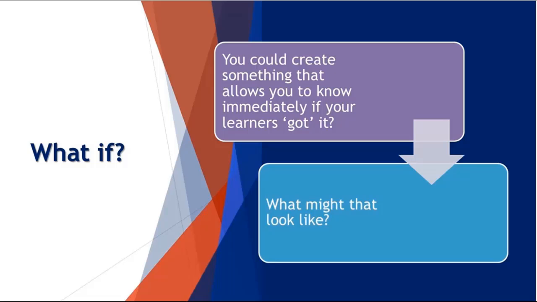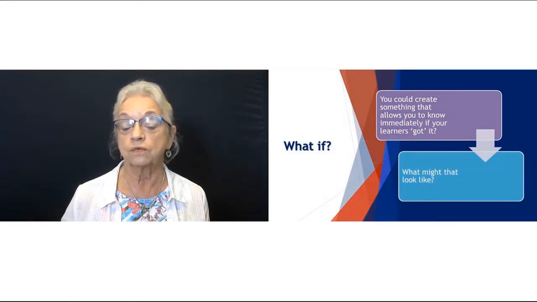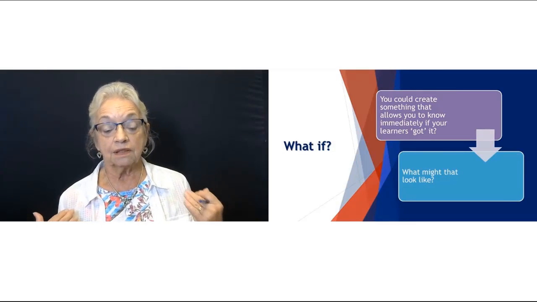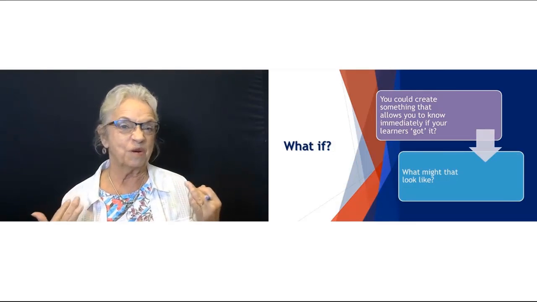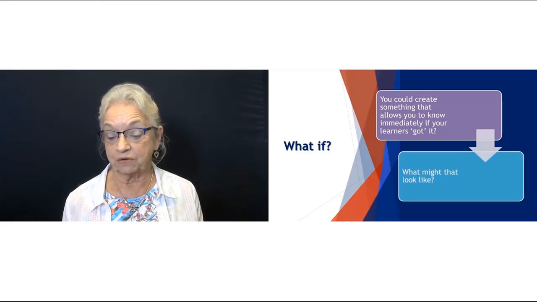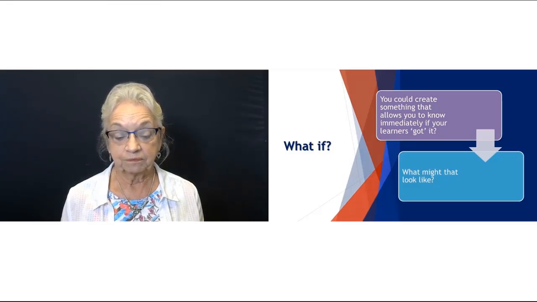We'll give you a chance to either raise your hand, or we can go back into the Padlet if you wanted to jot some questions. We're going to go back to the Padlet in the next slide. So what would it look like if you could create something so that you would know immediately that your learners are with you and got what you wanted them to get out of it? Any comments, questions?